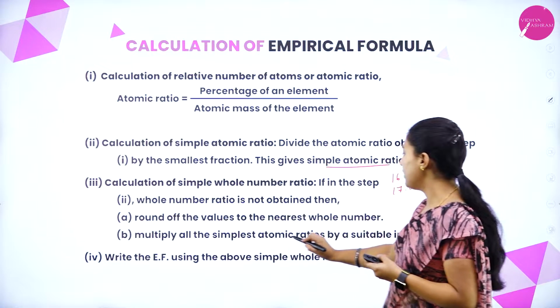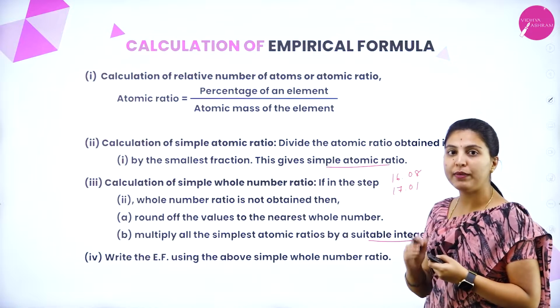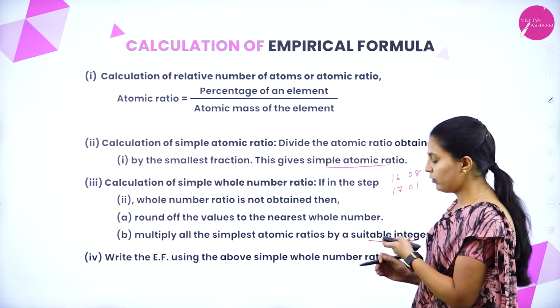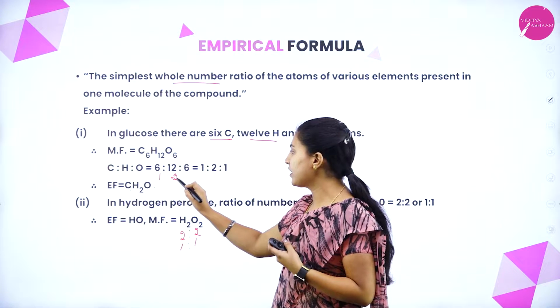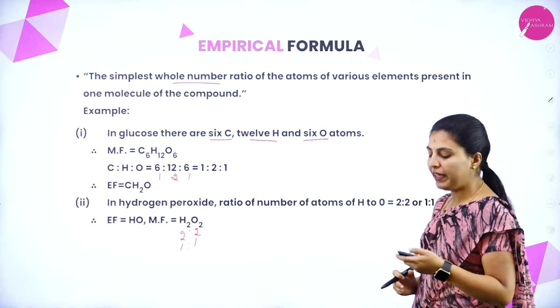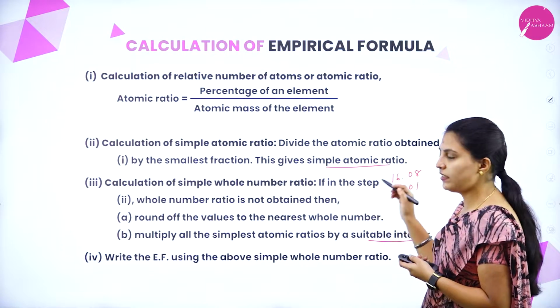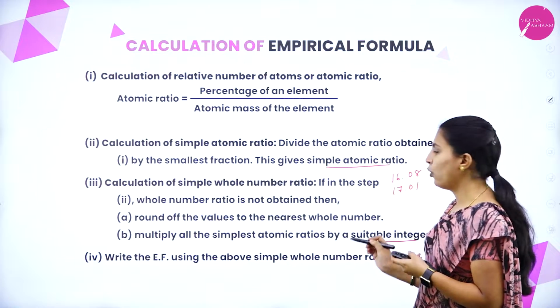Okay, multiply all the simplest atomic ratios by a suitable integer. You have to multiply, like you see here, you are multiplying by a simple integer. 6 1s are 6, 6 2s are 12, 6 1s are 6. Like this, you multiply and you will get this number. Write the empirical formula using the above simple whole number ratio.